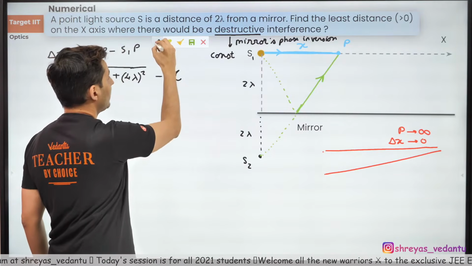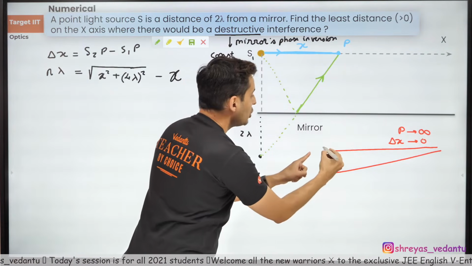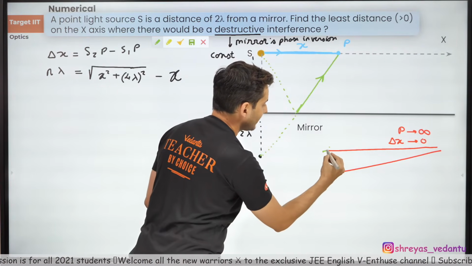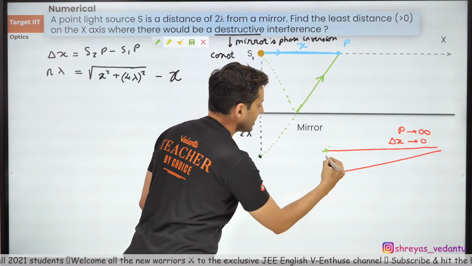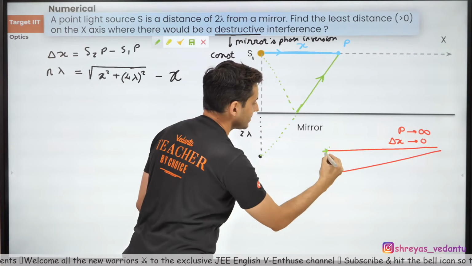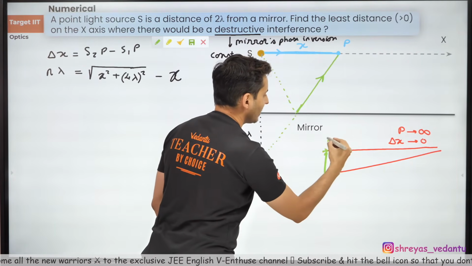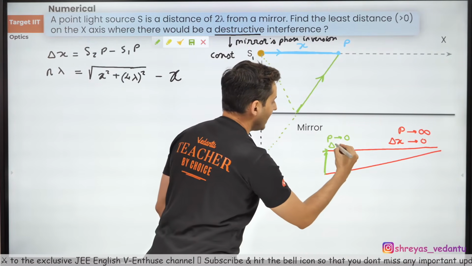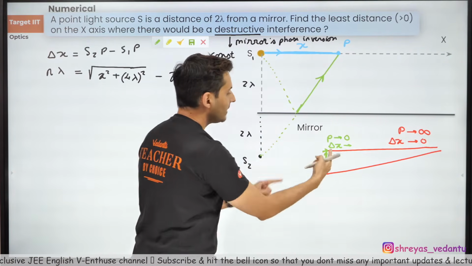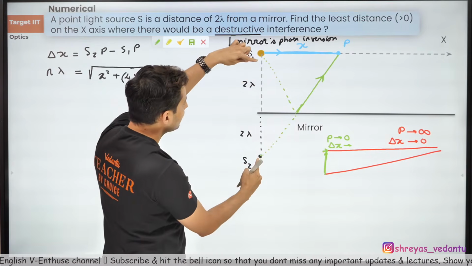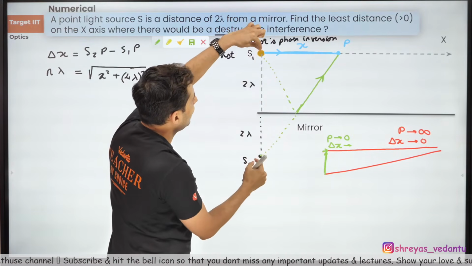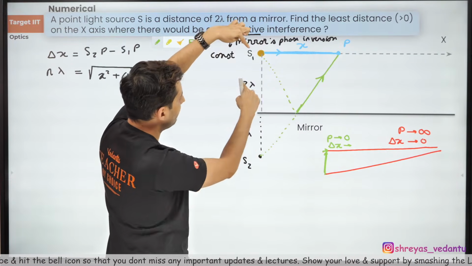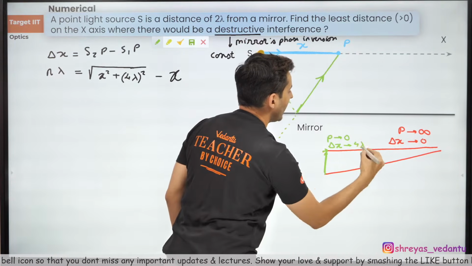Similarly, if you are very close to S1, the first ray will hardly travel anything, and the second ray will travel almost this much distance. So when that point is very close to the origin, delta x is almost this distance, because ray 1 has to hardly travel here. Ray number 2 will travel 2 lambda plus 2 lambda, which is 4 lambda.